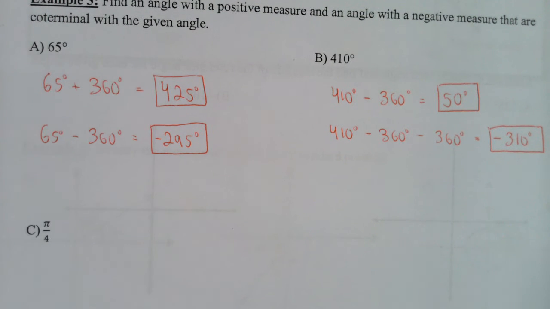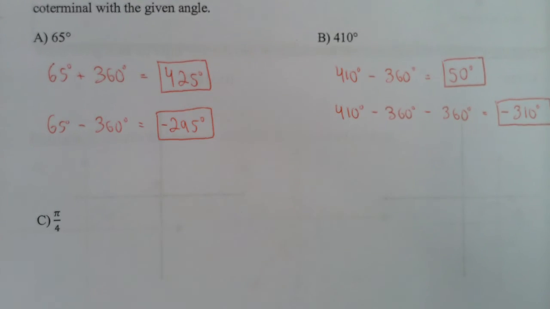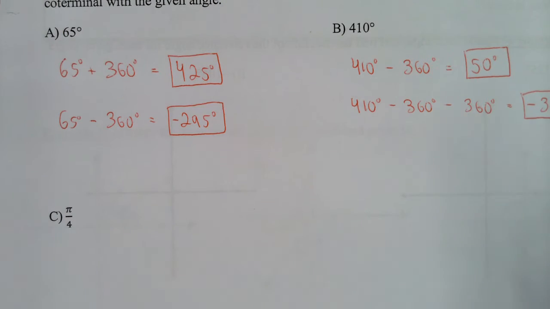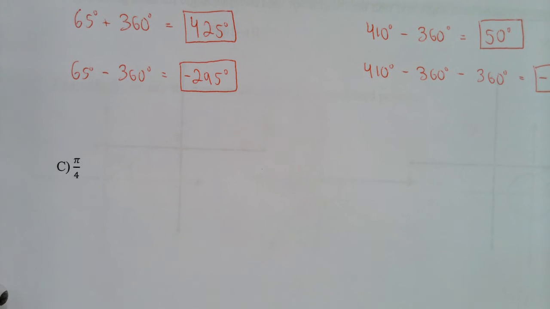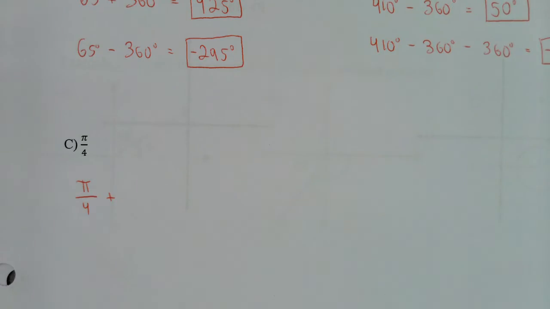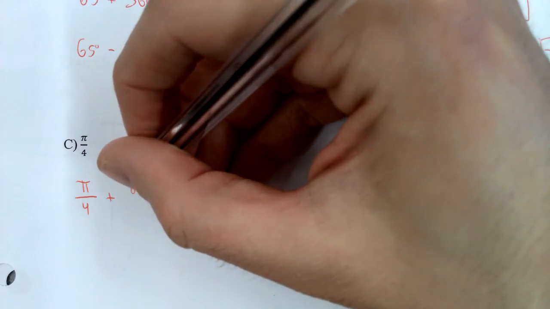Okay, so part C. Find a positive and a negative coterminal angle with pi over 4 radians. Instead of adding 360 degrees, I'm going to add 2 pi, because 360 equals 2 pi. So I'm going to do pi over 4 plus 2 pi, which is the same as 8 pi over 4.